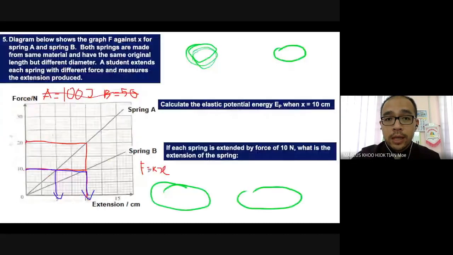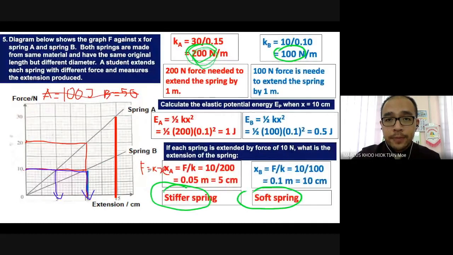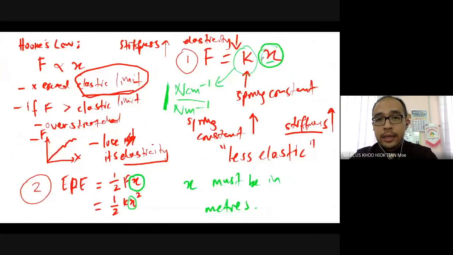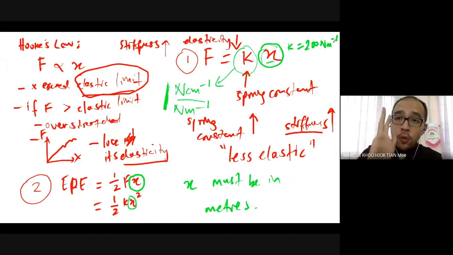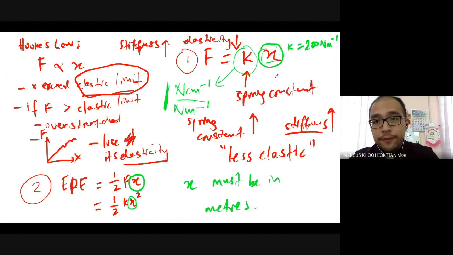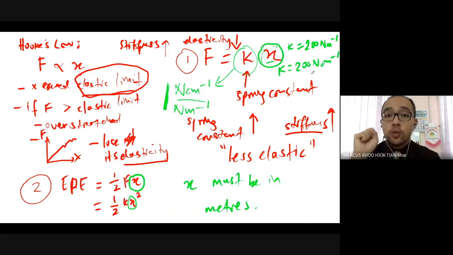Okay, so in this example, let's say K is 200 Newton per meter, means you need 200 Newtons of force to extend the spring for 1 meter. Manakala, if let's say your K is 200 Newton per centimeter, this is even more jialat actually. Means 1 centimeter, you need 200 newtons.